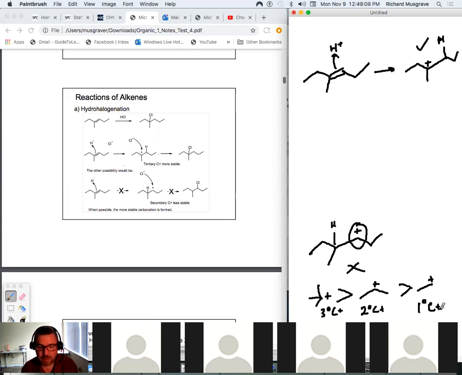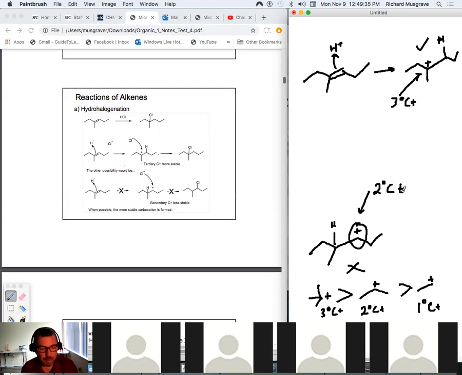The C+ we're dealing with here happens to be tertiary, and the C+ we're looking at here happens to be secondary.